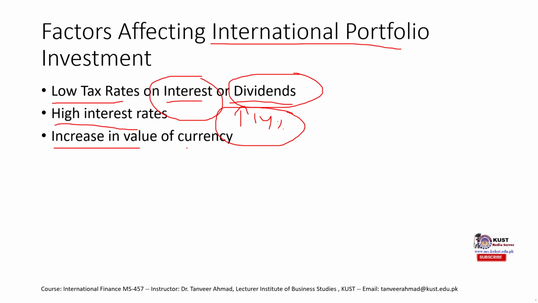And then we have increase in value of currency, and this is similar to the strengthening of currency that we discussed in the previous slide. It means that if the investor anticipates that the currency would strengthen, then he would invest in that country.